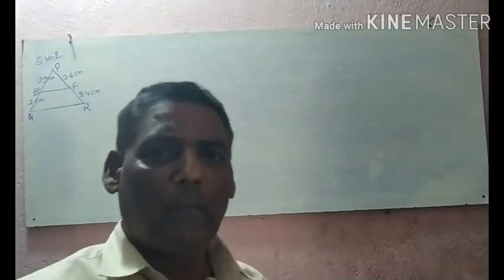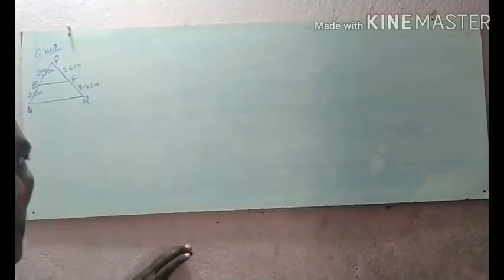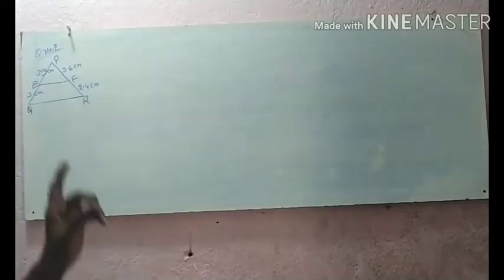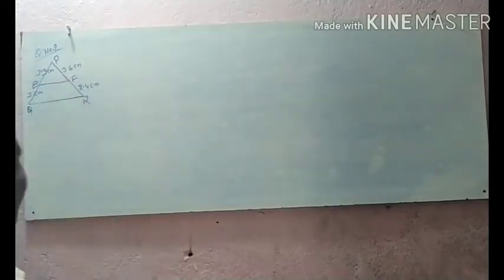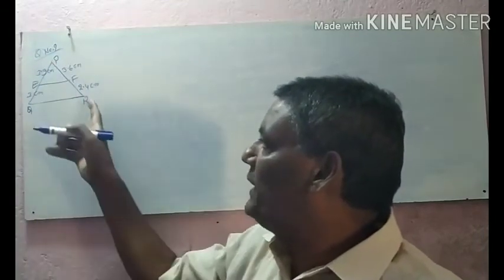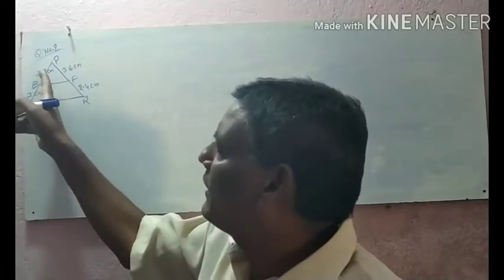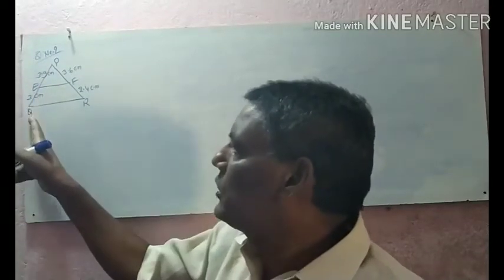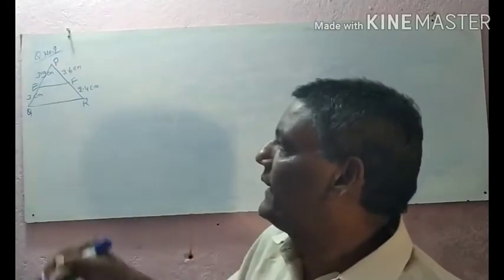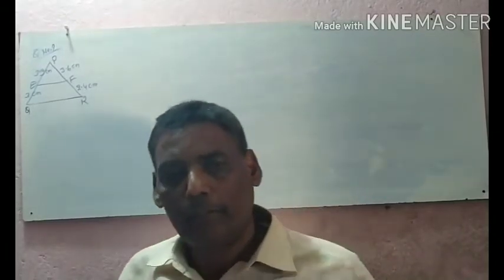Answer. In question number 2, in this problem, we have given a triangle PQR. E and F are 2 points on side PQ and PR such that PE is equal to 3.9 centimeter, EQ is equal to 3 centimeter, PF is equal to 3.6 centimeter, and FR is equal to 2.4 centimeter.